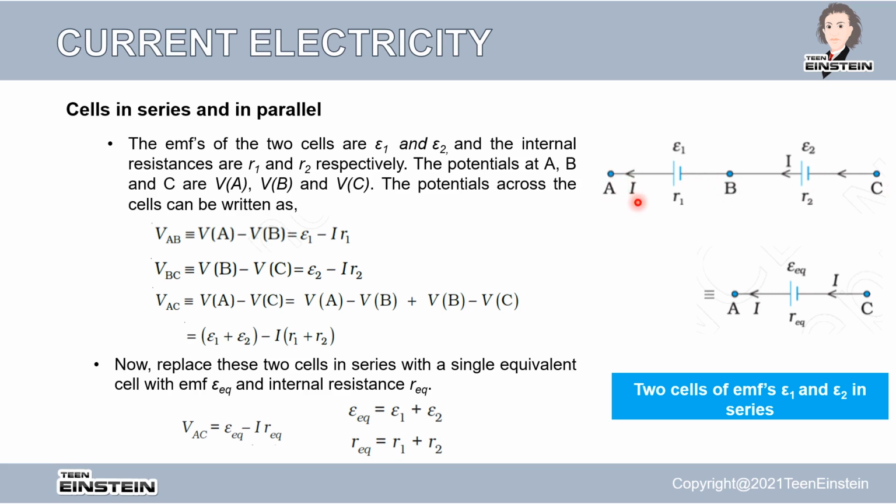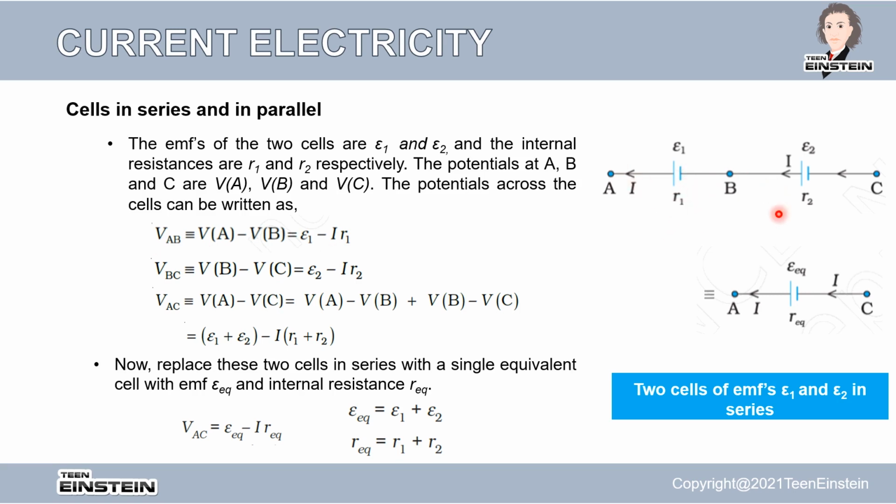So let's calculate the potential difference across this particular cell. So that is supposed to be V, right? We already talked about this equation, V equals epsilon minus Ir. So V across this particular cell, V of AB, is going to be V of A minus V of B, which is equal to epsilon 1 minus Ir1.